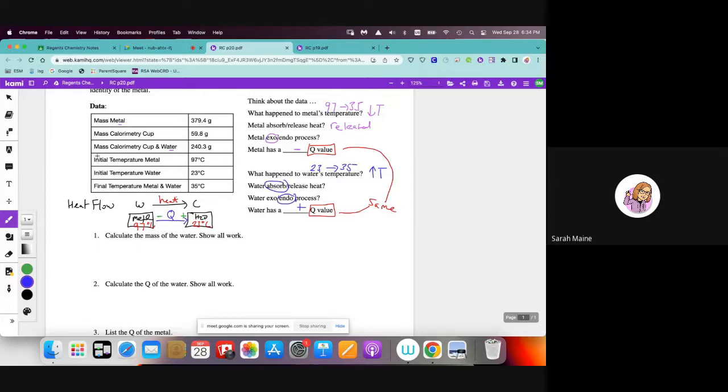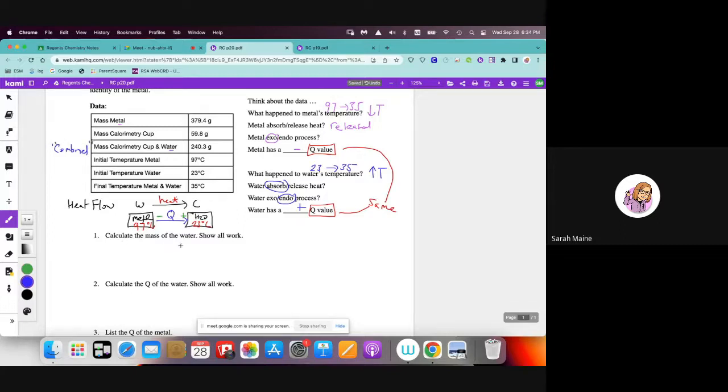We have a line here that says mass of the calorimetry cup and the water. So this number belongs to both the water and the calorimetry cup. That is something we would refer to as a combined mass. We talked about that earlier in the year.